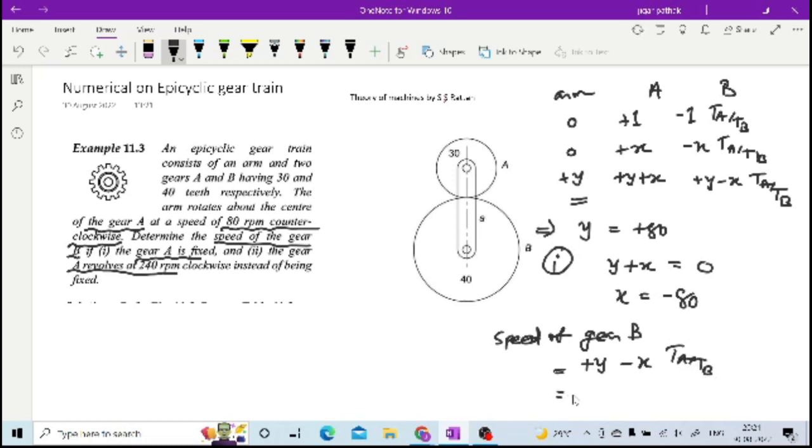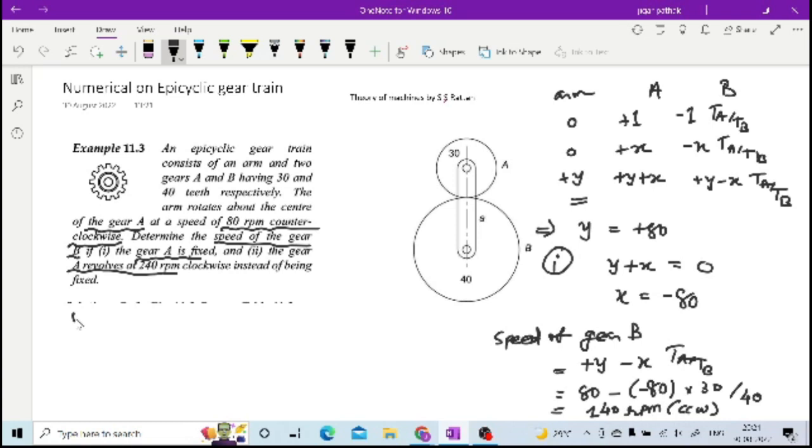Now plus y is 80, minus x is minus 80, into number of teeth on A, 30, number of teeth on B, 40. Once you simplify this, you will have 80 plus 60, that is 140 rpm, and it is coming positive. It means it is counterclockwise.